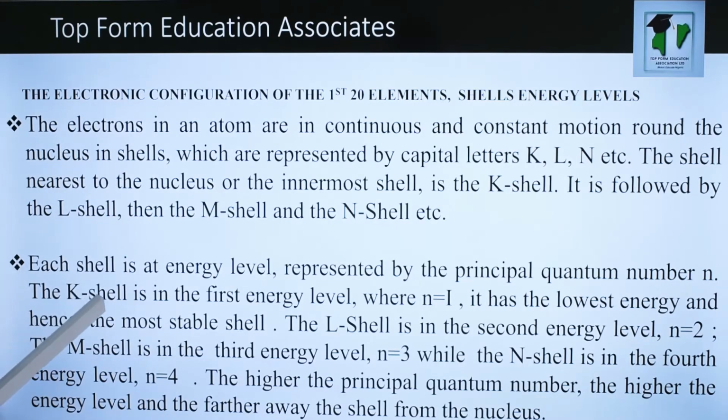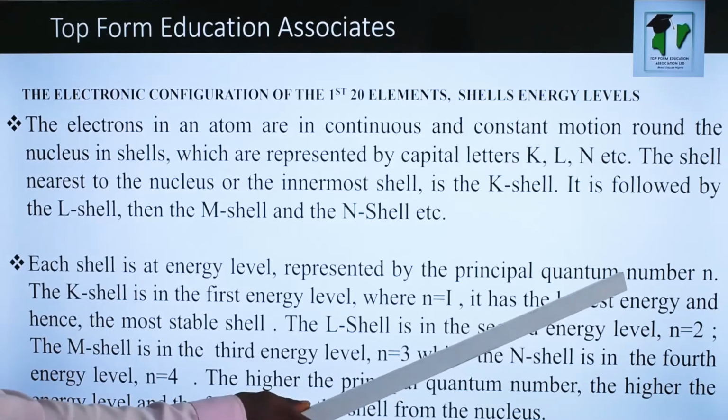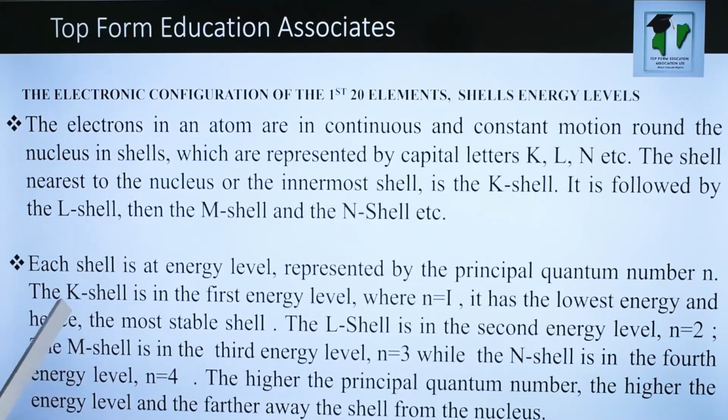The K shell is in the first energy level, where n is equal to 1. It has the lowest energy and hence is the most stable shell. The reason why it has the lowest energy is because it is the first shell and is very close to the nucleus. And because it is the first shell, it is represented by 1.